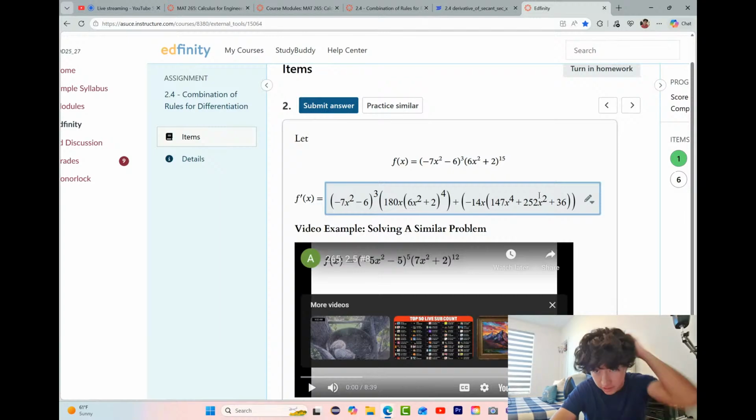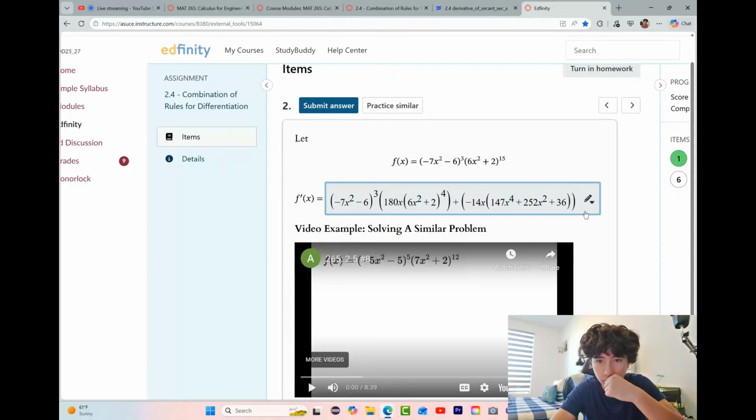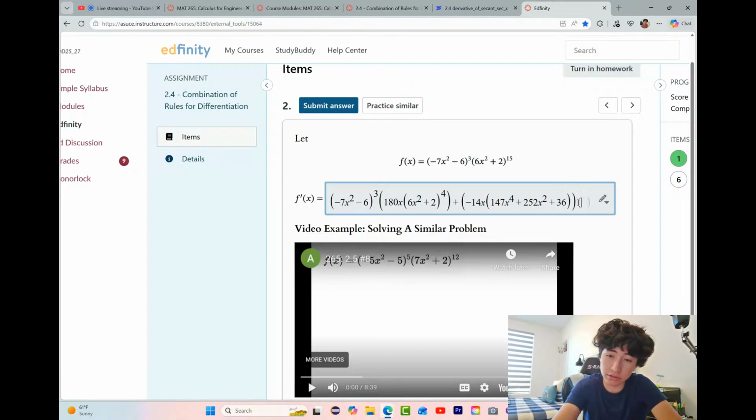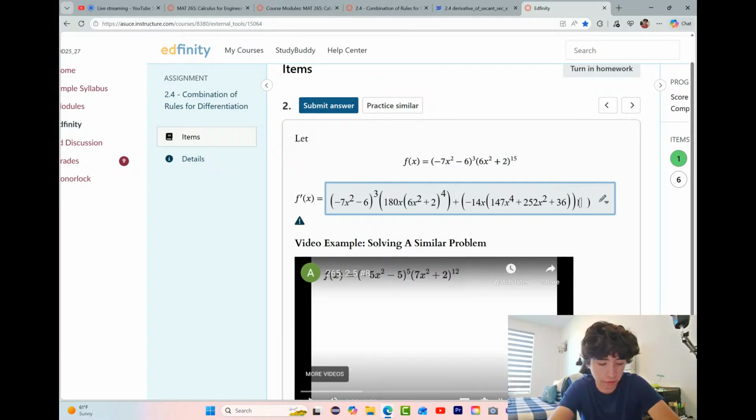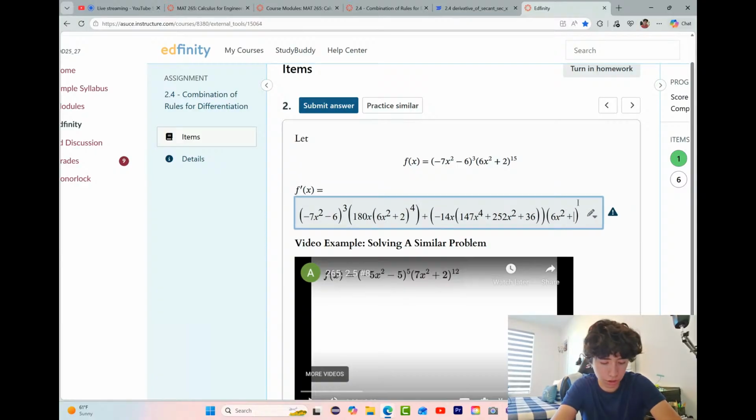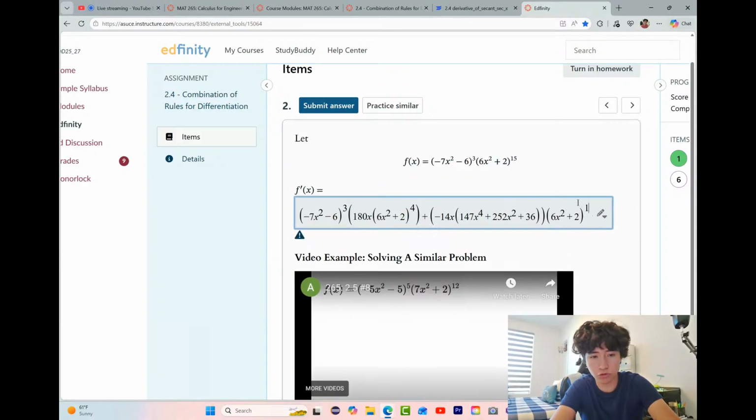That's f prime. Oh, and we're not done. Times the outer function. Not outer function, just g of x. g of x is 6x to the power of 2 plus 2, all of that to the power of 15. I think I got this right.